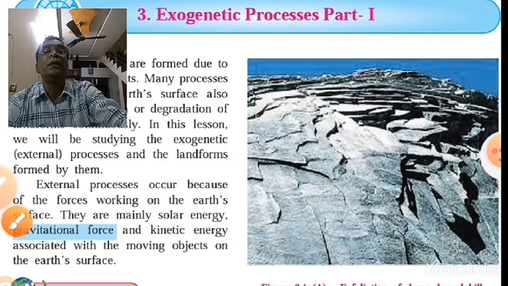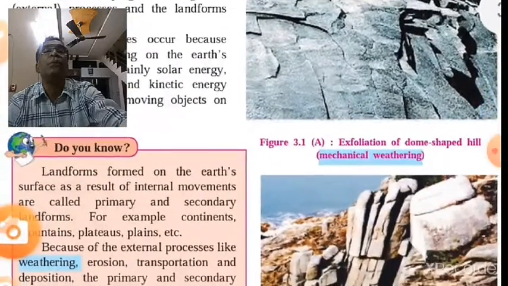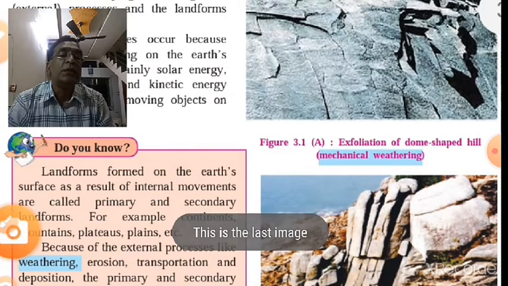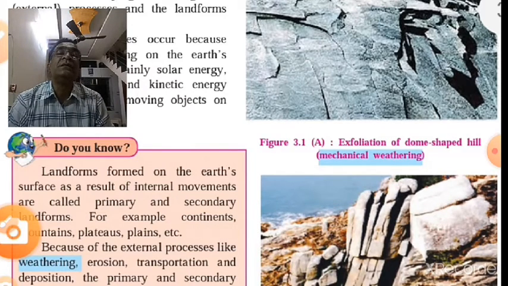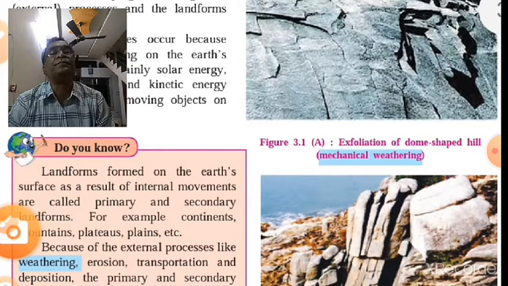Now, as we move on, you can see the block which displays "Do you know," in which it is mentioned that the endogenetic processes, that is the forces which occur in the Earth's mantle, create mountains, plateaus, continents, isn't it? These formations of landforms are called primary and secondary landforms.